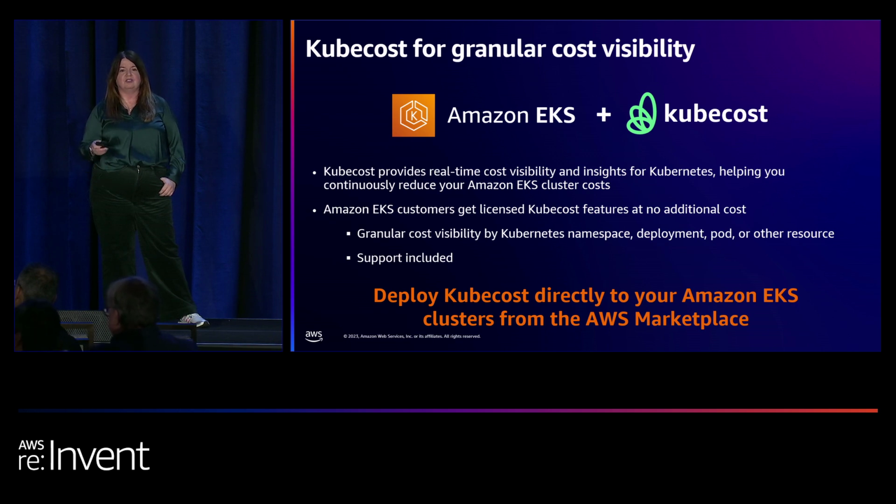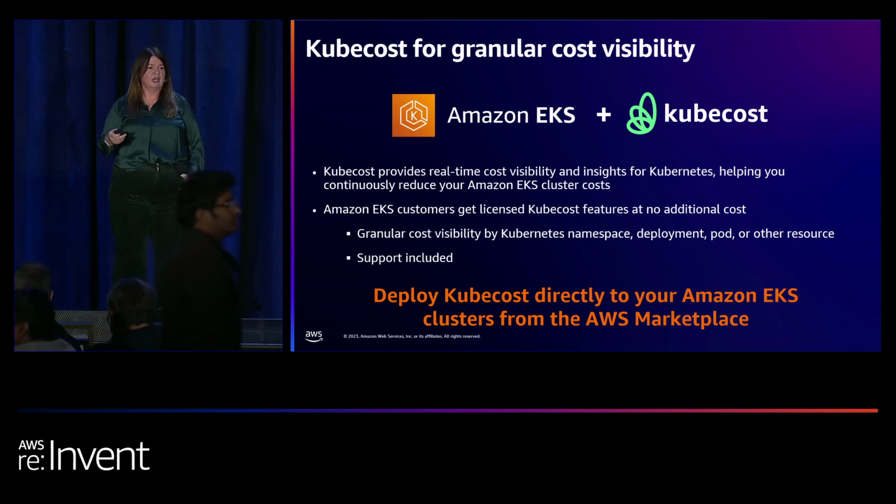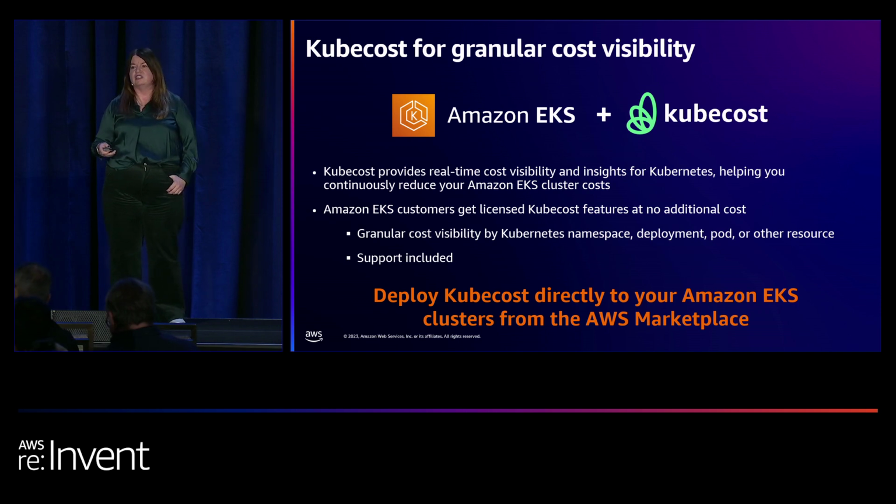With EKS, you've got a third option, and that's the EKS Optimized KubeCost bundle. We've partnered with KubeCost to give you a version of KubeCost with more features than the open source version. You get support direct from AWS with this version of KubeCost, but you don't get charged for it. We pick up the licensing fee for that.